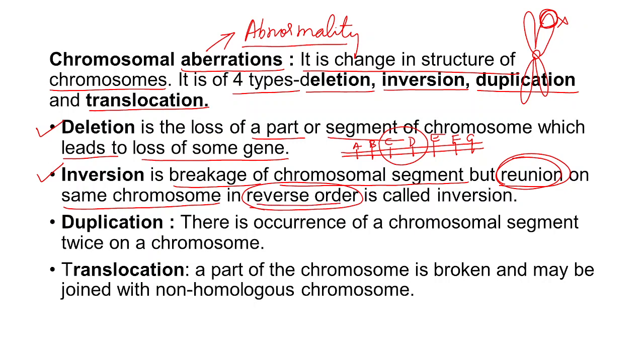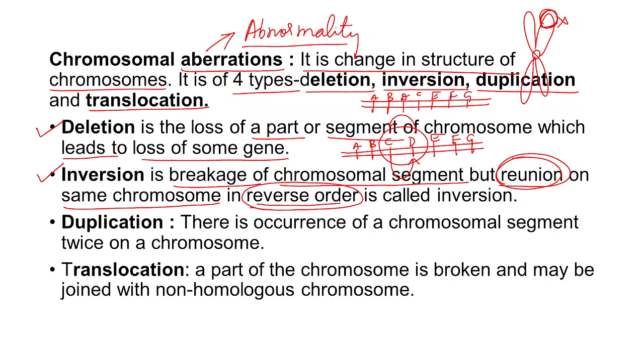It will lead to formation of a strand like this. See here, A, then B, as it is, no problem, but CD will be reverted, or reunited in the reverse manner. That means D comes first, then comes C. Because it is inverted and shifted here, the further ones, E, then F, then G, will remain as they are.